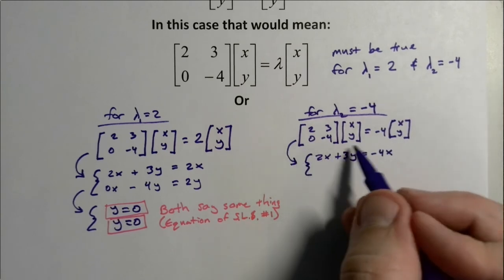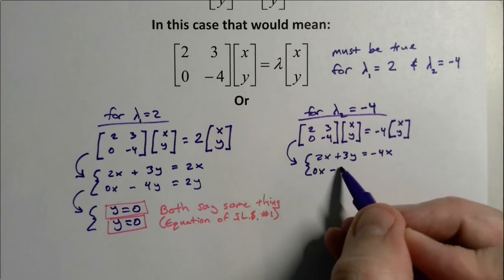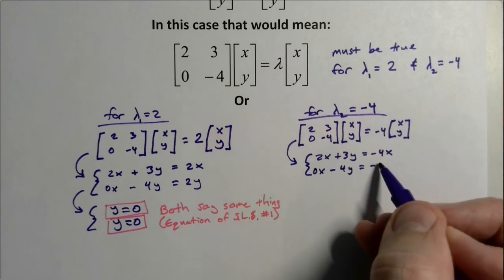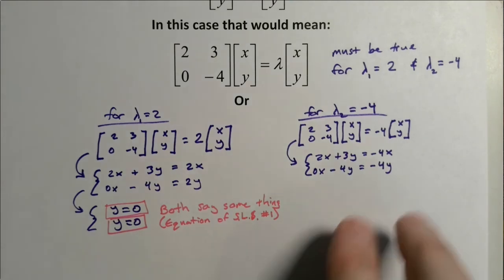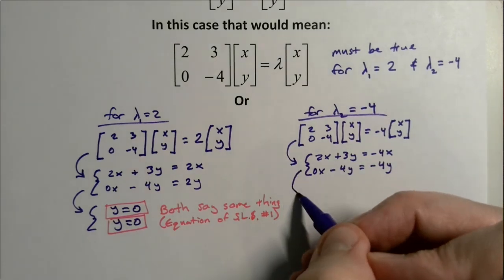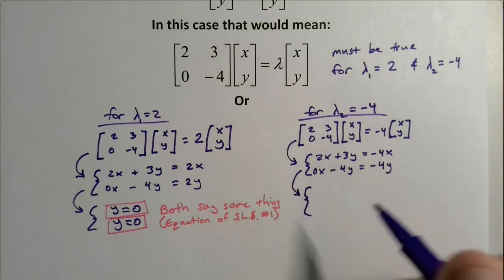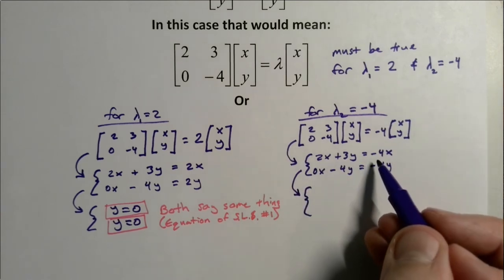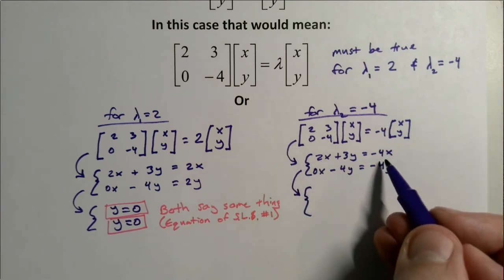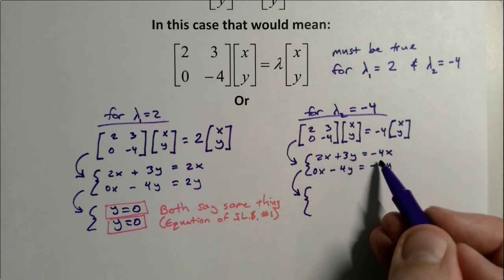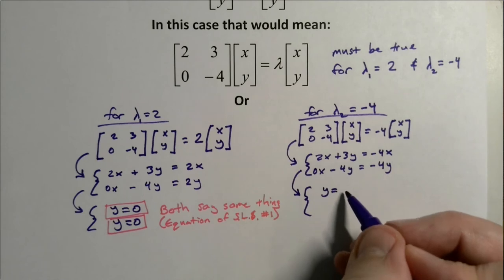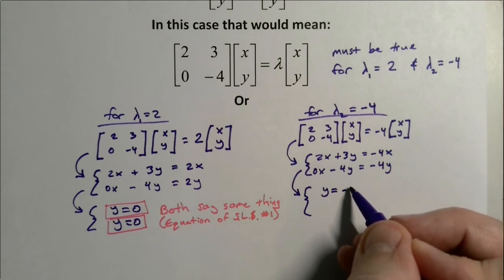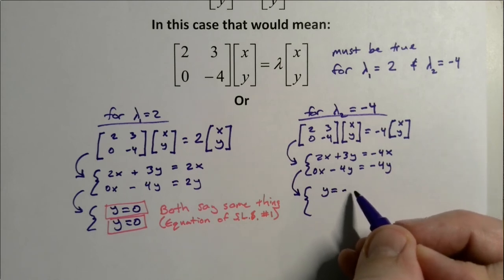And the bottom equation is 0x minus 4y equals -4y. So the top equation, with a little bit of manipulation, if you put your x's together and subtract the 2x, we wind up with 3y equals -6x, or y equals -2x.